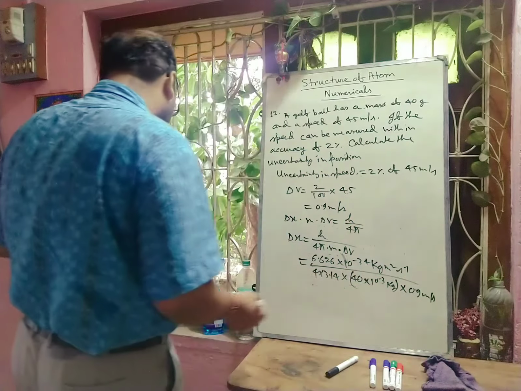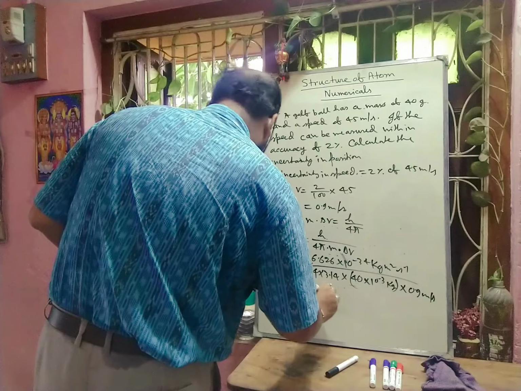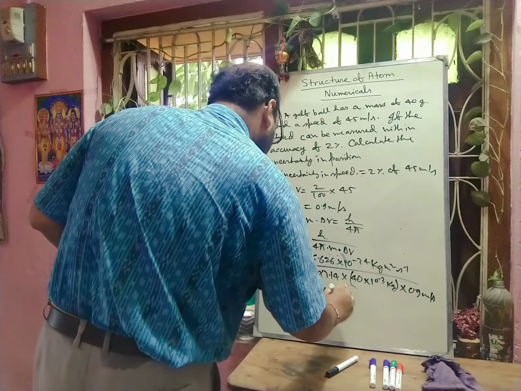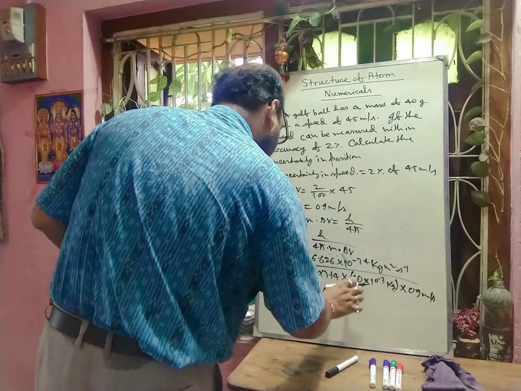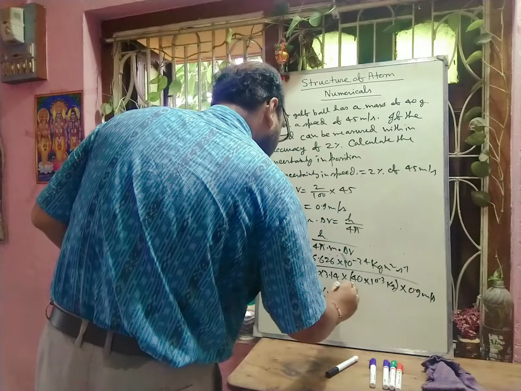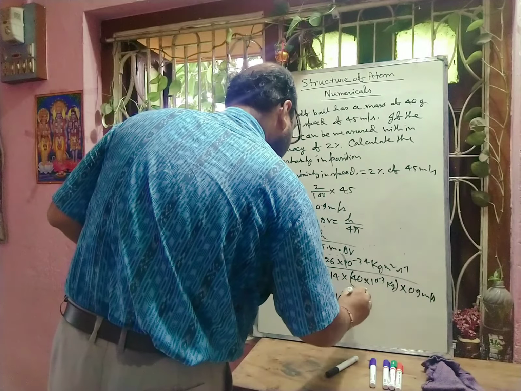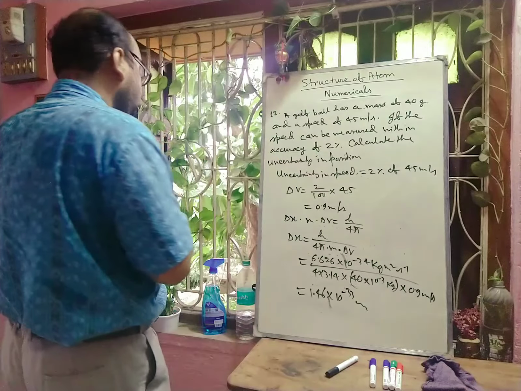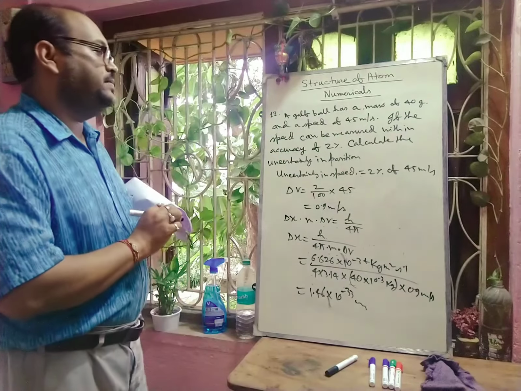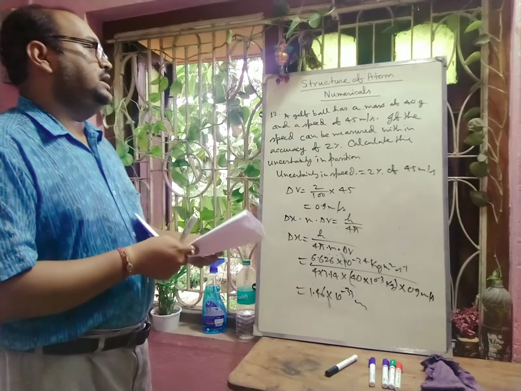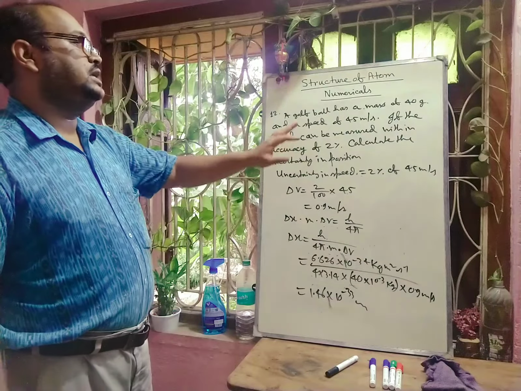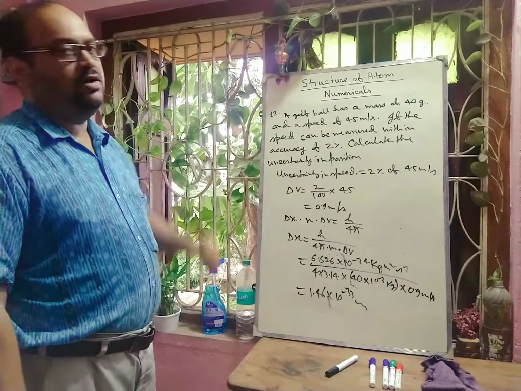Now if you calculate the value, you will get 1.46 into 10 to the power minus 33 meter. So this will be the uncertainty in position of the golf ball.